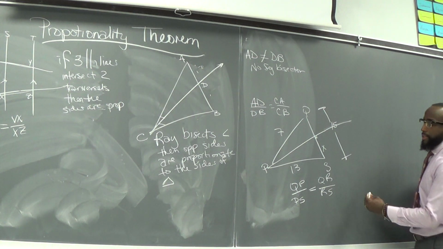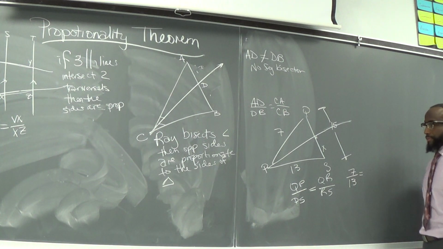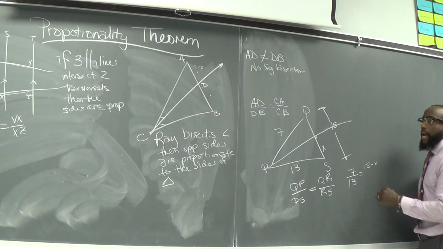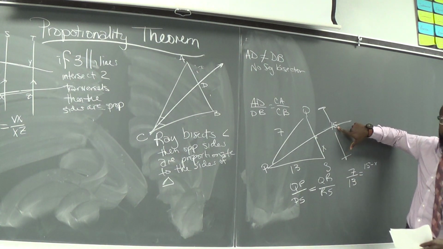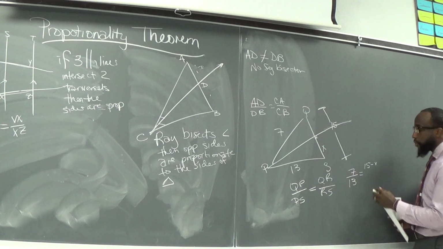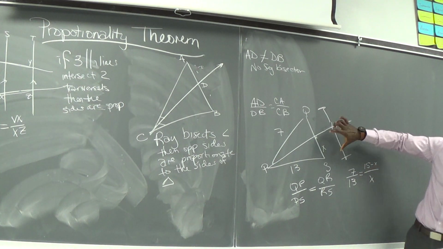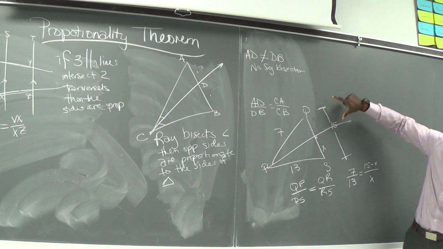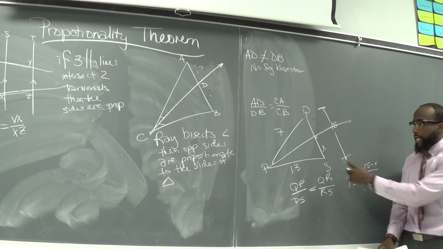QP is 7 over 13 equals QR, which is 15 minus X, over X. Because the whole thing is 15 and that side's X, we subtract X from 15 to figure out what QR is.